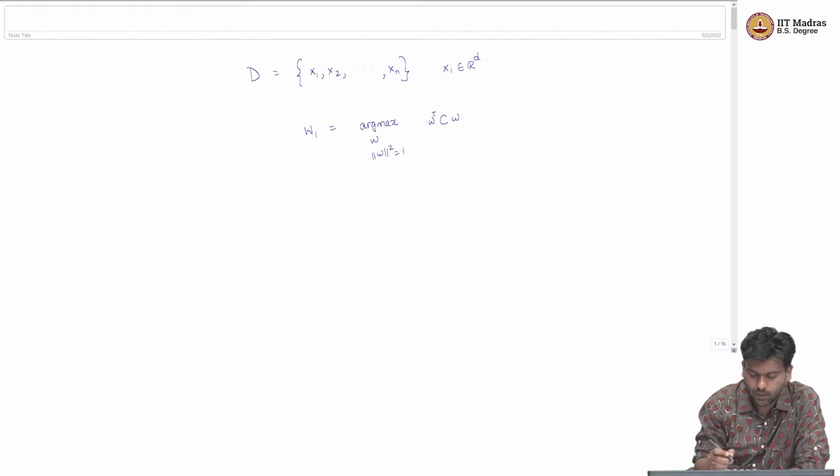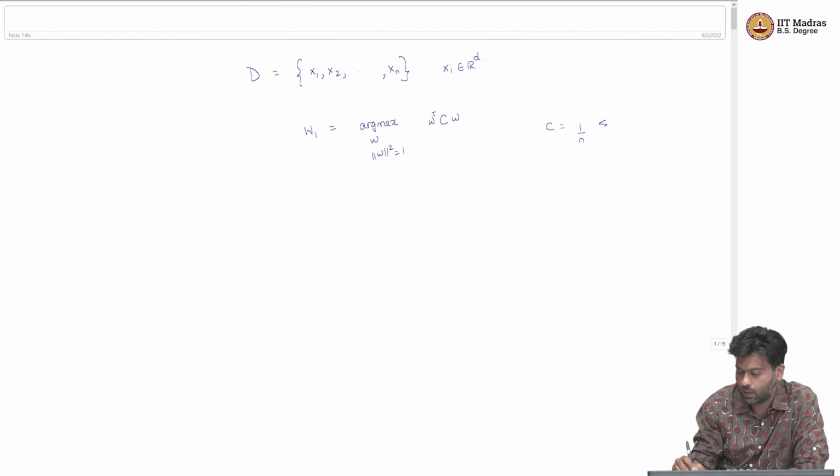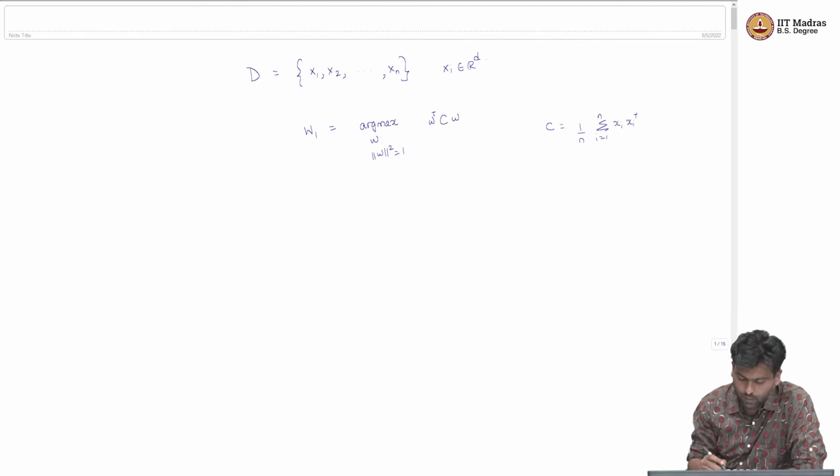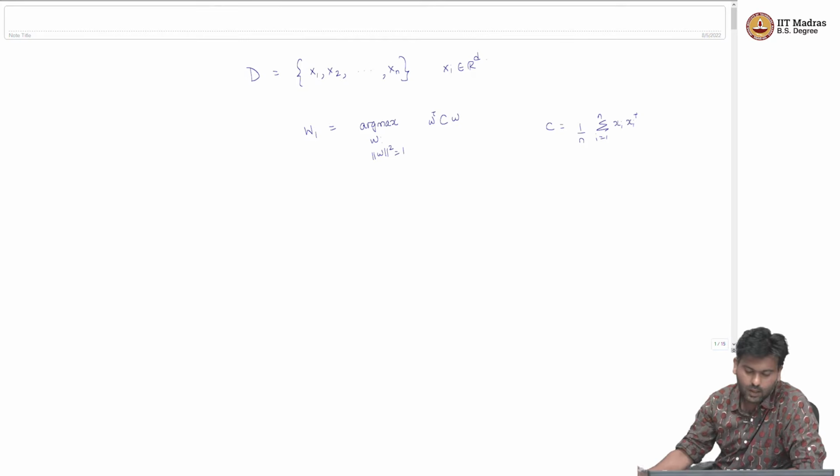When I say argmax, it is the argument that maximizes the objective function, which means specifically the w that maximizes it. C here was just 1 over n sum over i equals 1 to n of xi xi transpose.